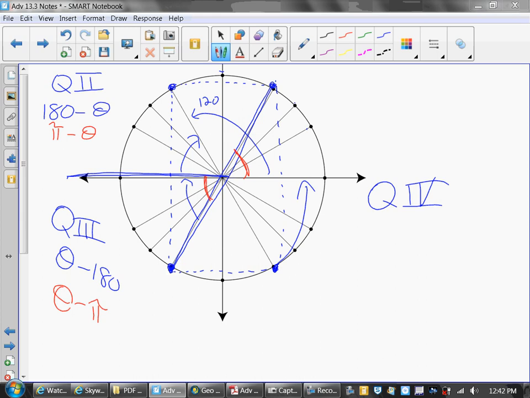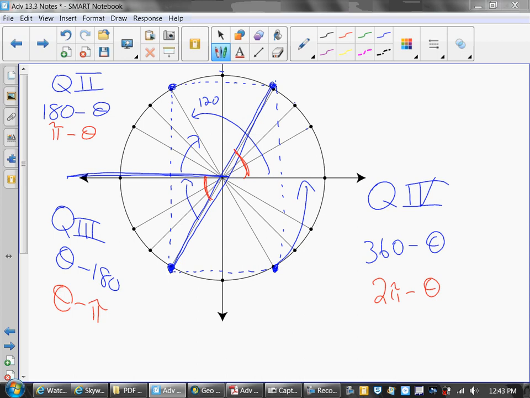So in order to figure out your reference angle for any theta that's in the fourth quadrant, it's 360 minus theta. Or in radians, what's 360 in radians? 2 pi, or 2 pi minus theta. That's how you're able to calculate reference angles.